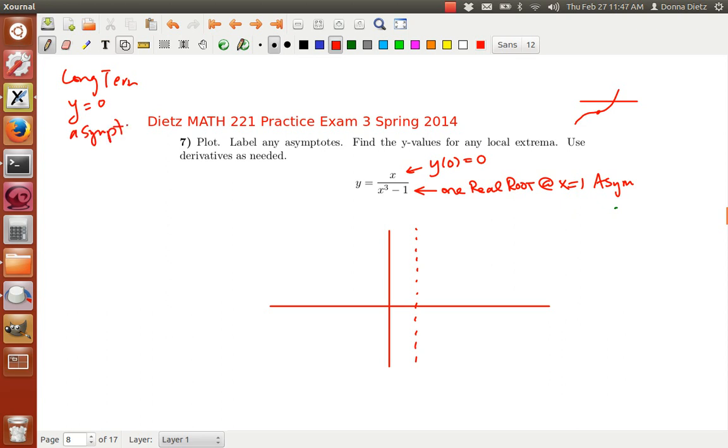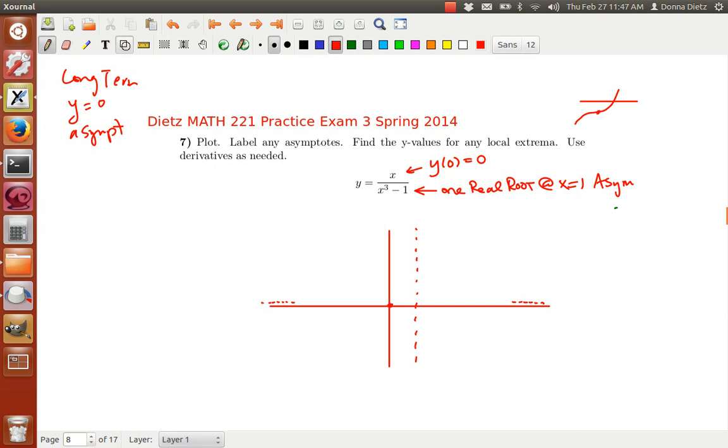And if we look at x going to infinity, it's going to be positive over positive, so we're going to be out here. And if we look at x going to negative infinity, it's going to be negative over negative, which is still positive, so we're going to be over here. And so this is really all the information we need.